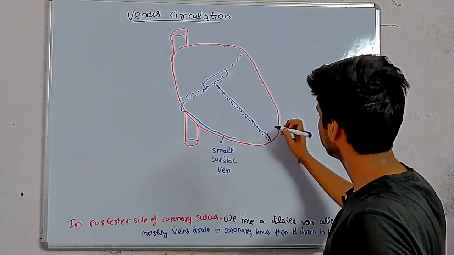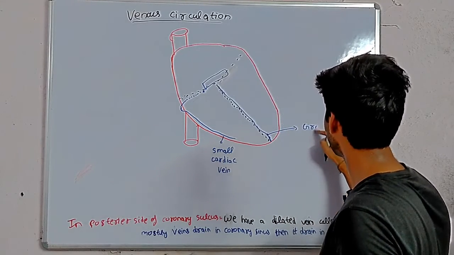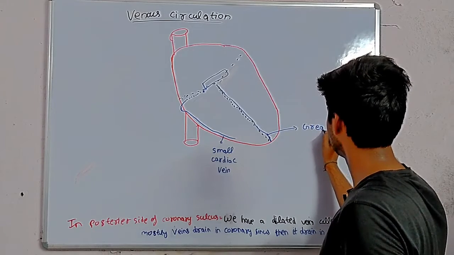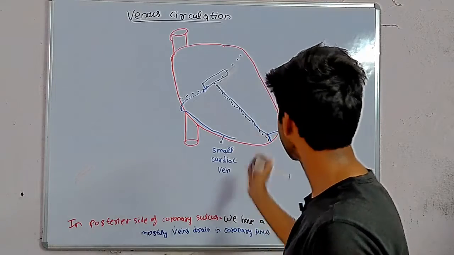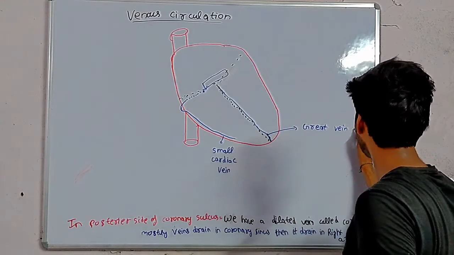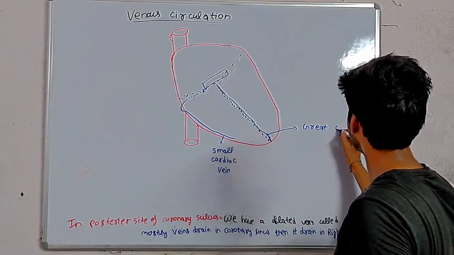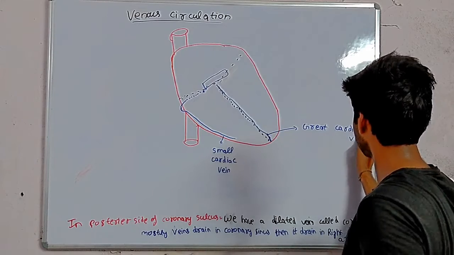This is called the great cardiac vein, which is present in the anterior aspect and goes posteriorly and drains into the coronary sinus.